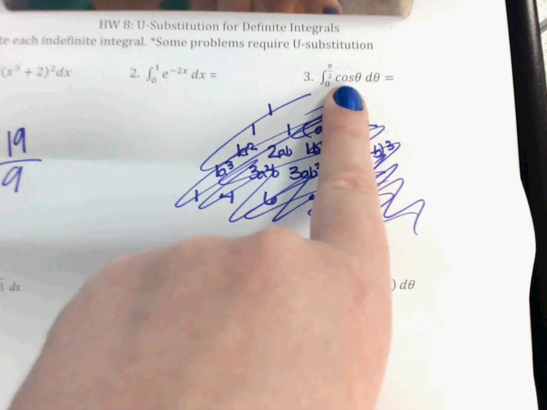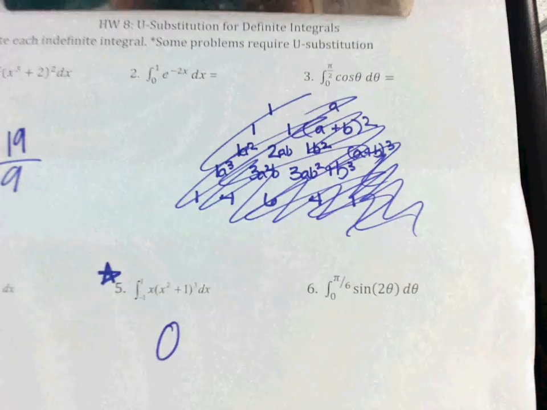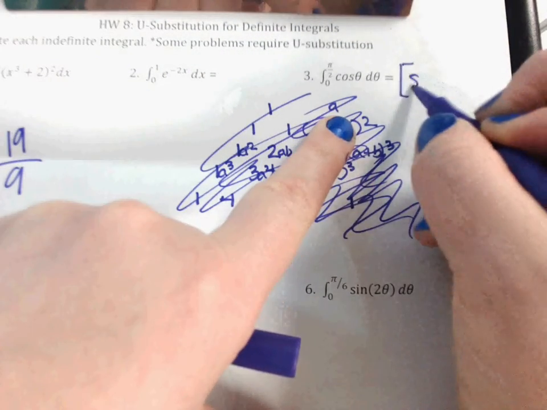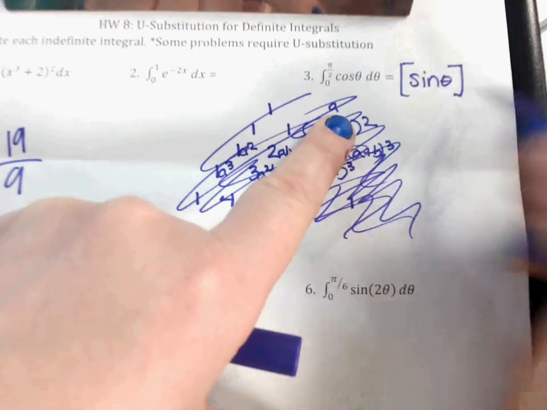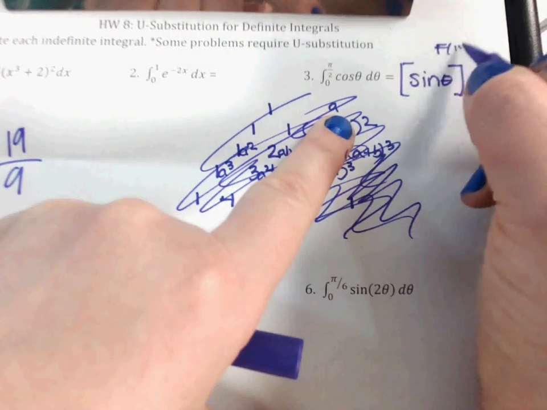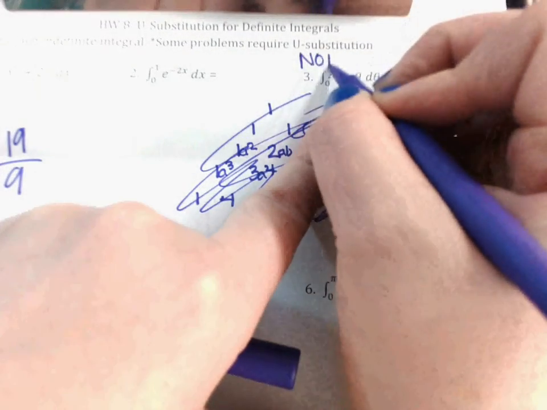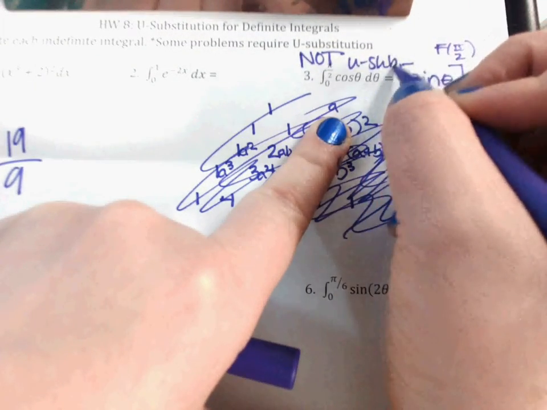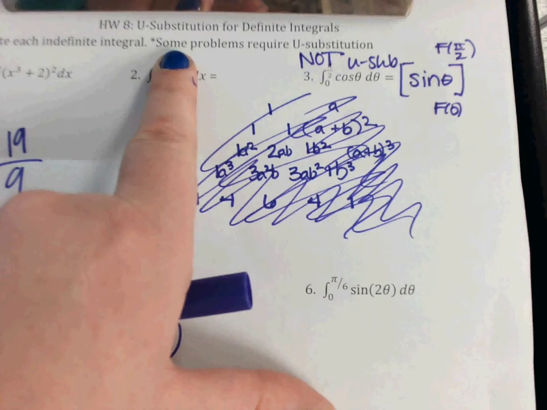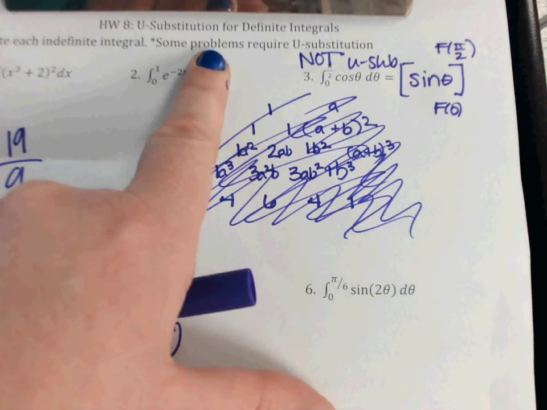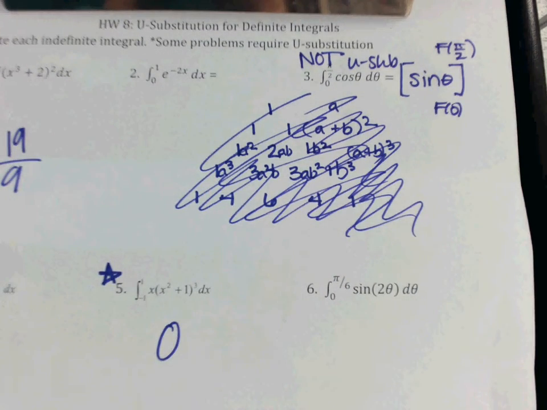What's the antiderivative of cosine? So you put sine of theta in the brackets, and then you can just plug in pi halves and 0. So this one is not u sub. And if you look right above here, it does say some of the problems require u sub, but some of them do not. Okay, it's not a myth. It's real. Okay? It's just like global warming.